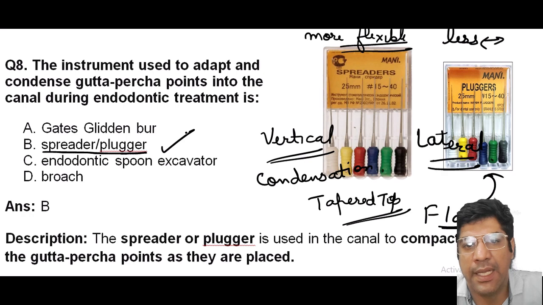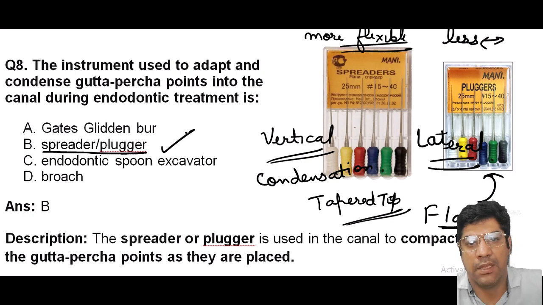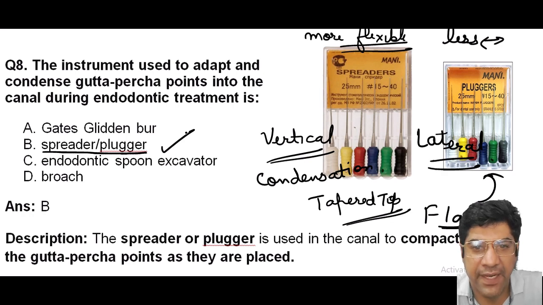So after the canal is properly cleaned, I would select proper size gutta percha points that are the tapered cone material. So I would use the spreader end of the spreader or plugger to laterally compact the gutta percha within the canal, ensuring a snug fit and sealing any irregularities.